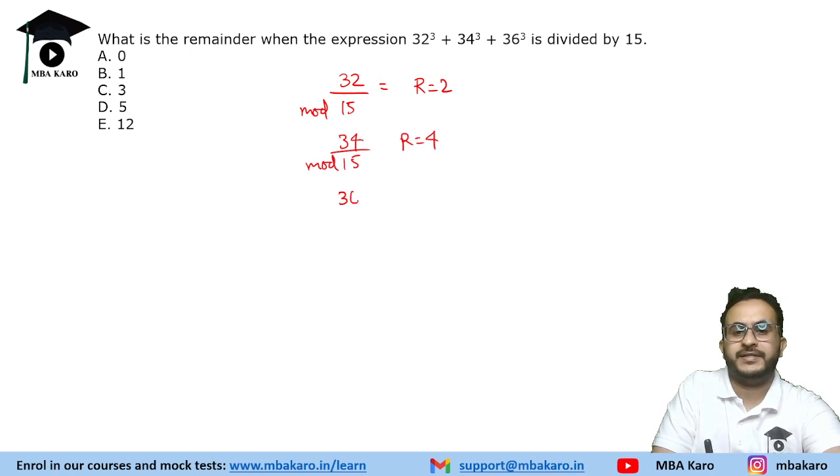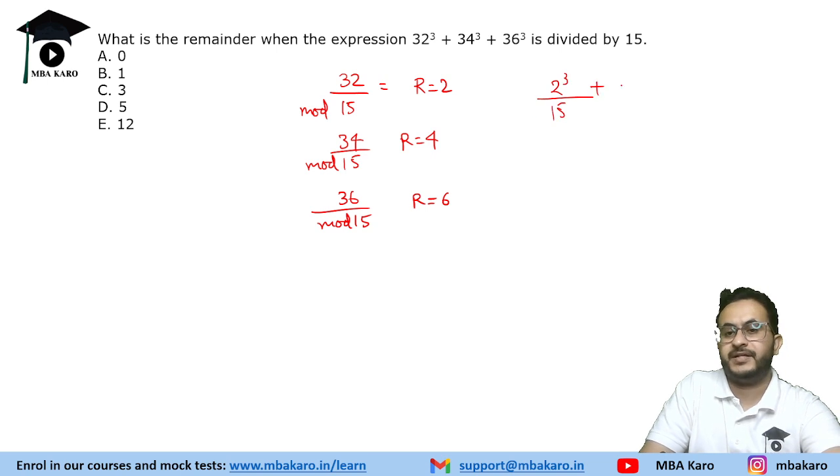And when you divide 36 by 15, the remainder is 6. So basically, we need to find 2 cube divided by 15 plus 4 cube divided by 15 plus 6 cube divided by 15. We need to find the remainder.